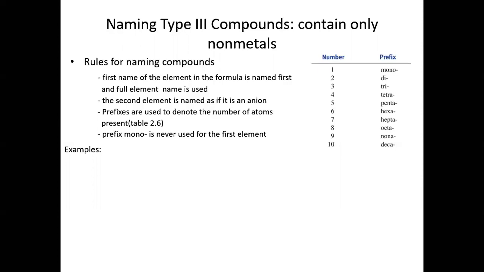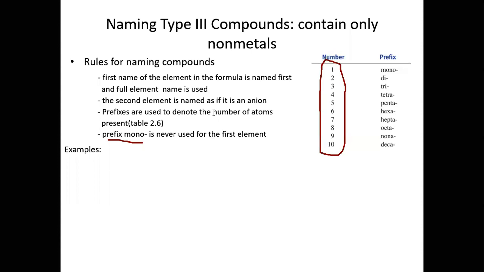And we use prefixes to denote the number of atoms of each element. And these are the Greek prefixes. And so it's very important that you remember these prefixes. So mono, di, tri, tetra, penta, hexa, hepta, octa, nona, deca, dodeca for 12, etc. Now, for mono, we never use it in the first element.